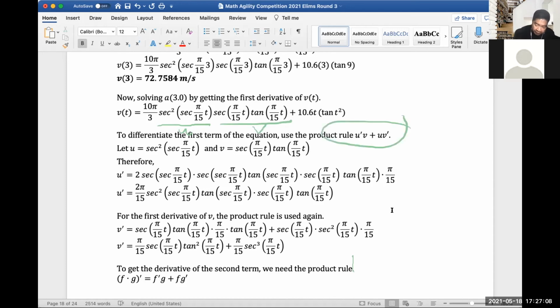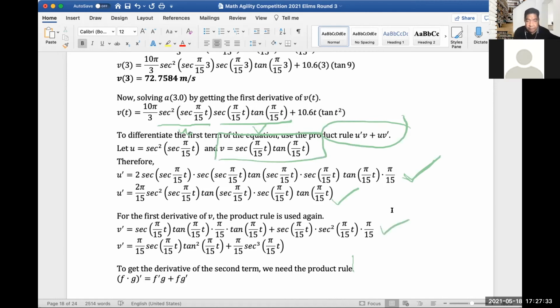Following the product rule, let's take u prime. You'll get this result for taking the derivative of u, and of course simplifying it would be on the second level here. Now let's take the derivative of v, which is this. So that's v prime, and we get this value here.